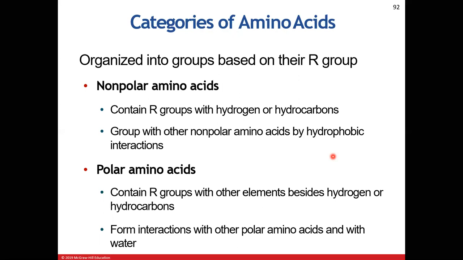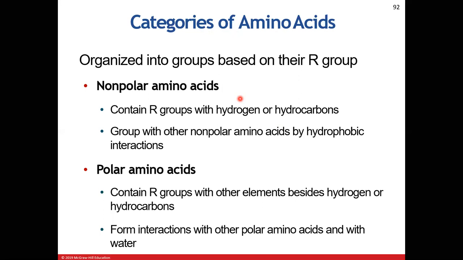Okay. So if we also look at this, we start to organize them based on their R group. When we look at nonpolar amino acids, nonpolar R groups are going to be or contain hydrogen or hydrocarbons. They're not going to have a lot of other elements to them, okay?